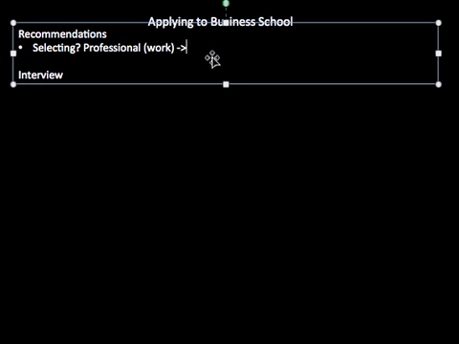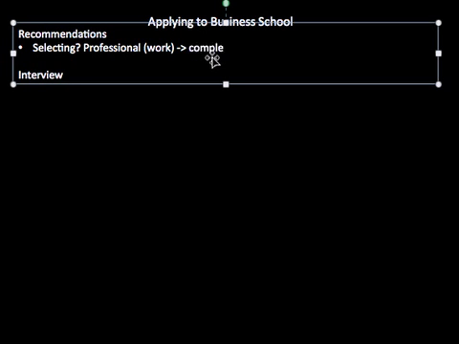You might be in a job right now where maybe you're not letting them know that you're applying to business school, and you don't feel comfortable with selecting a recommender. You're going to have to include that information somewhere in your application if that is the case, but ideally you would have a professional recommendation. This person can do two things.